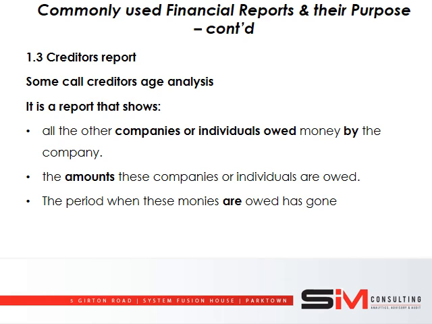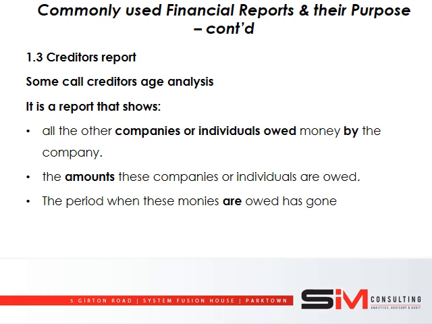Second thing that it will show is the amounts. These are the amounts that show how much you owe the people that you buy stock from. Thirdly is the period. When did you buy the stock from those people? How long have you owed those people the money for the stock that you purchased from them?